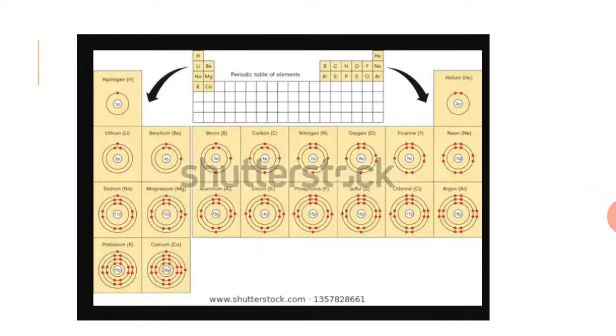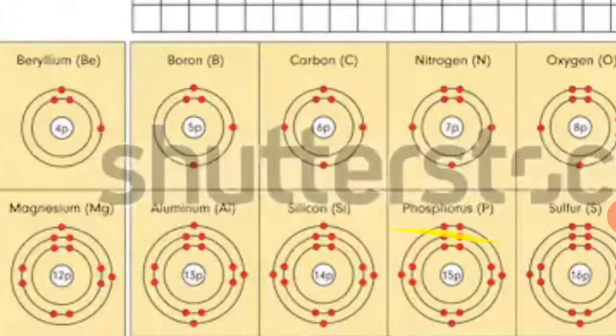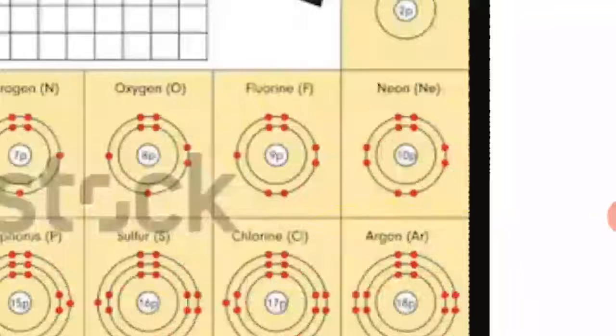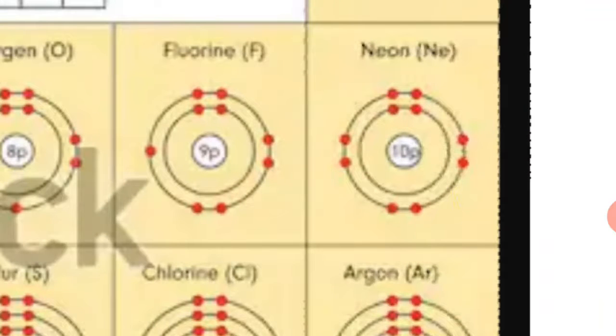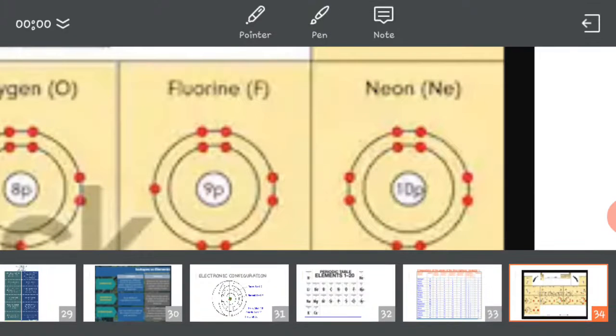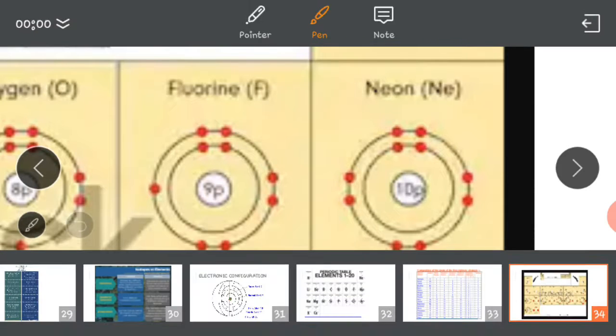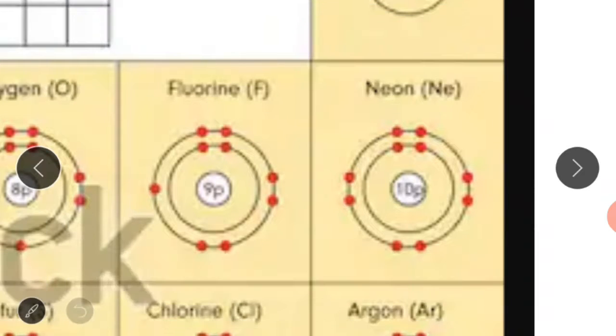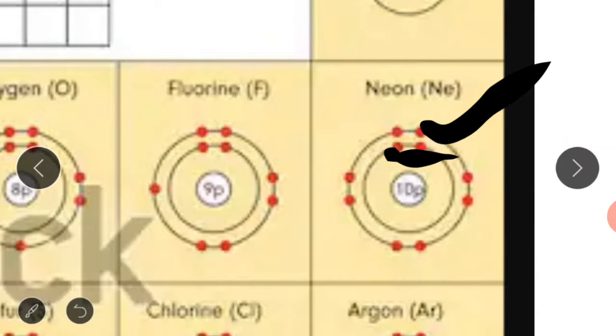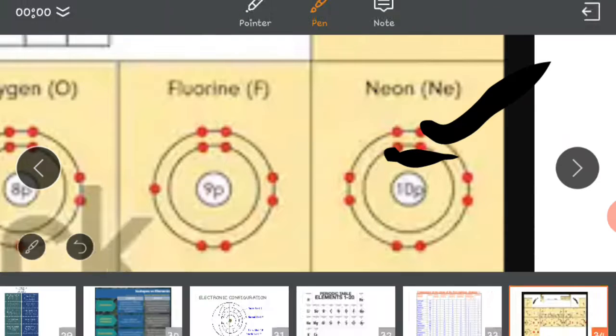Okay, so how do we represent it? Say there are 10 electrons. How will I make it? I will make it like this. I will put 2 electrons in the K shell, here, here, and here, and then the rest 8 I will put in the second shell, that's the L shell.